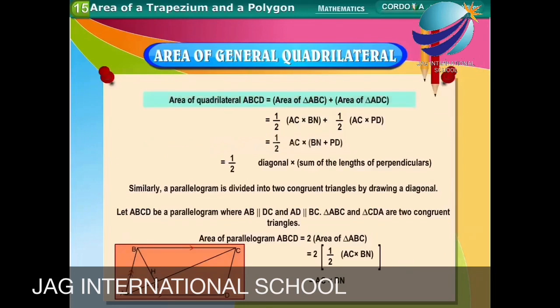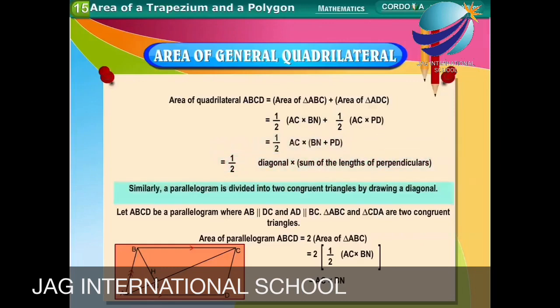Area of quadrilateral ABCD is equal to area of triangle ABC plus area of triangle ADC, which is equal to half AC into BN plus half AC into PD, which is equal to half AC into BN plus PD, which is equal to half diagonal into sum of the lengths of perpendiculars.